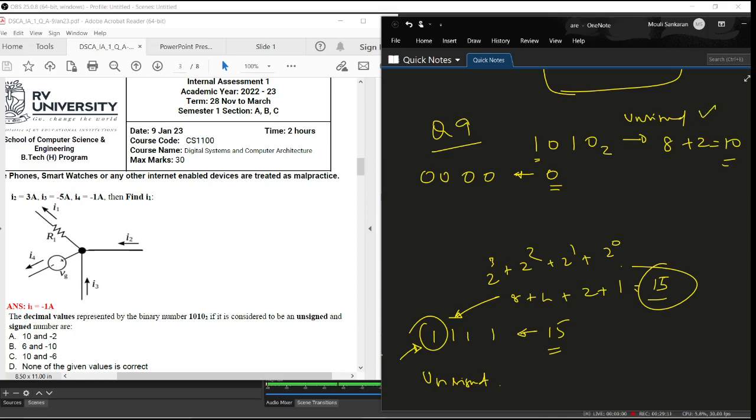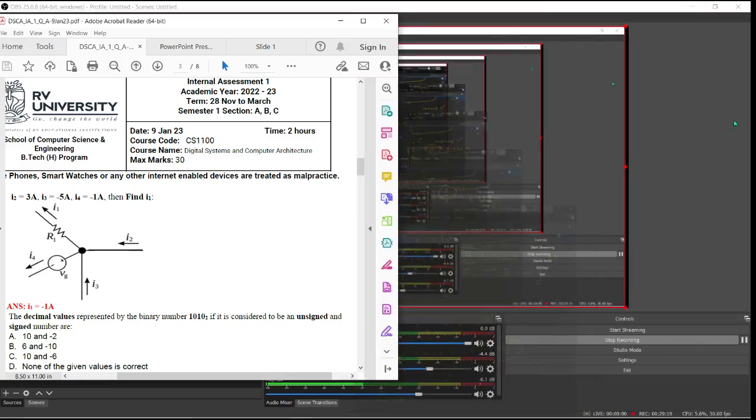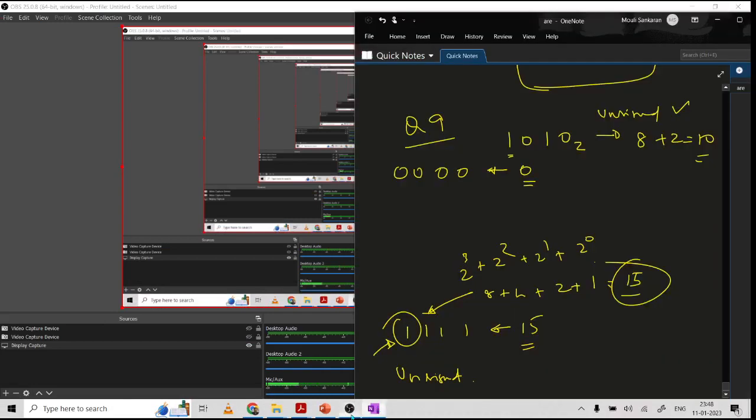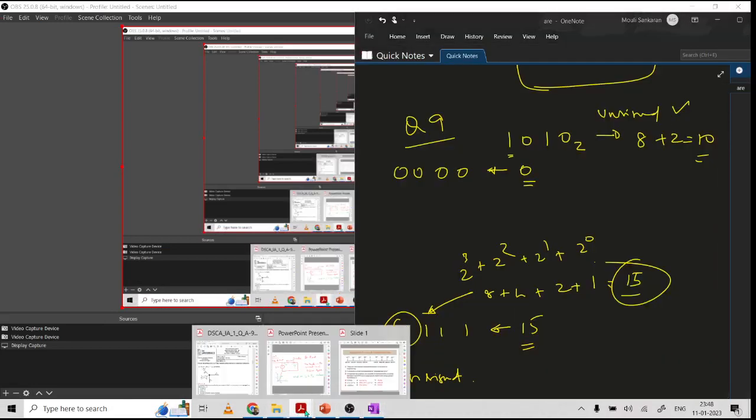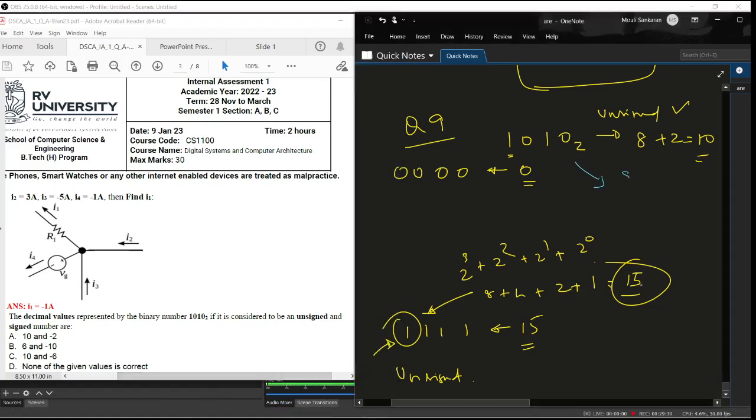But now if I treat it as a signed number, how do you look at this number in a different way? If it is a signed number, then 1010.